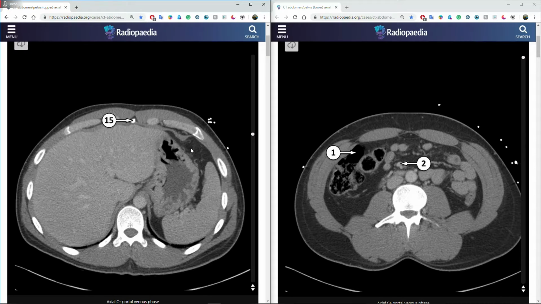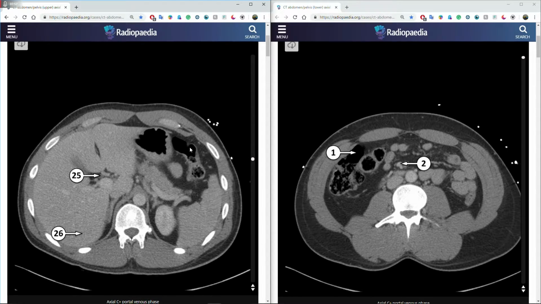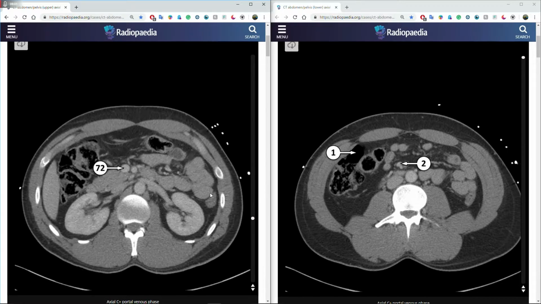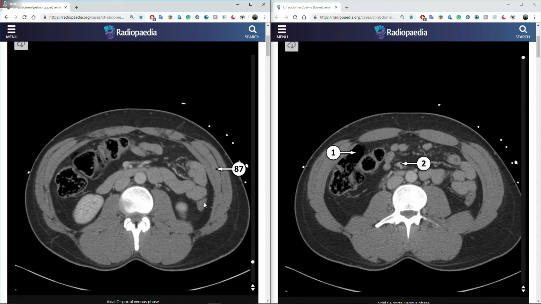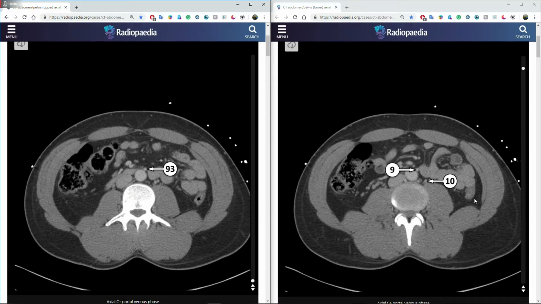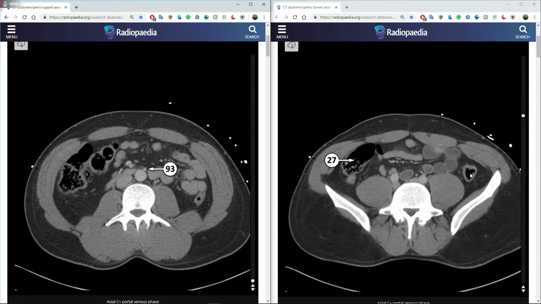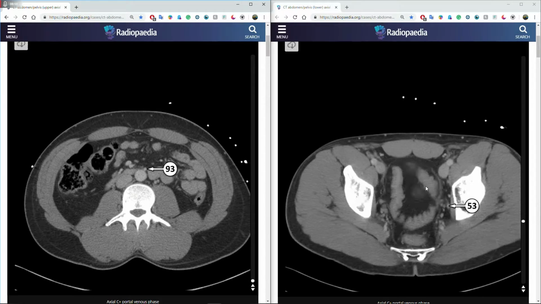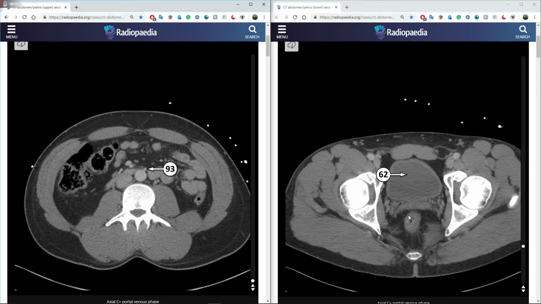So if we follow along with the transverse colon here, descending colon, we can make our way, follow along here, sigmoid colon, down to the rectum.